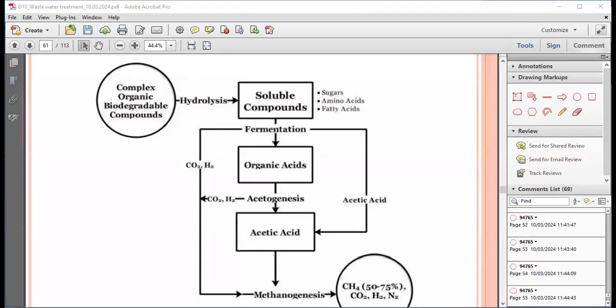Fermentation. What's the meaning of fermentation? In Tamil it's called pulippu, a cold fermentation.